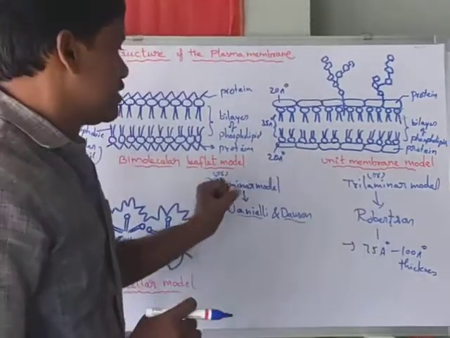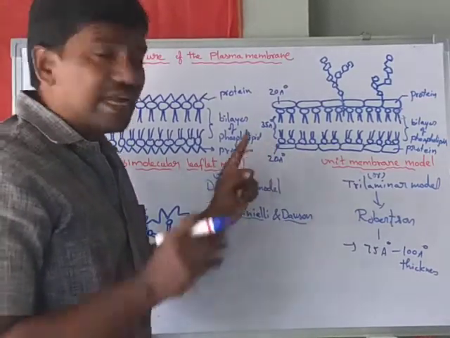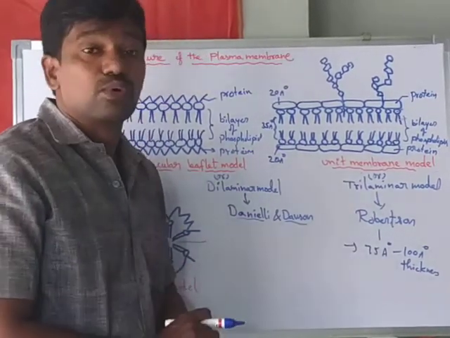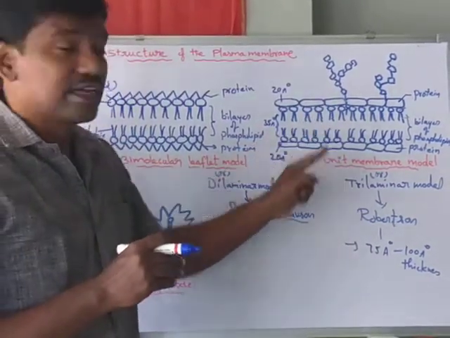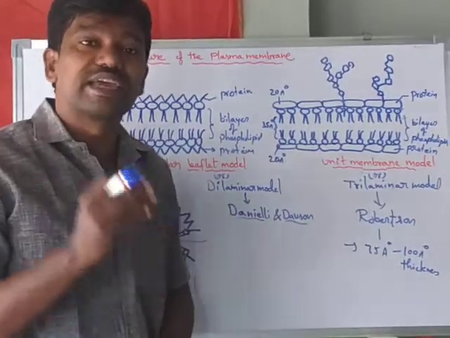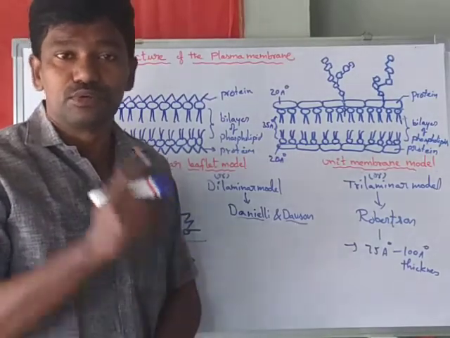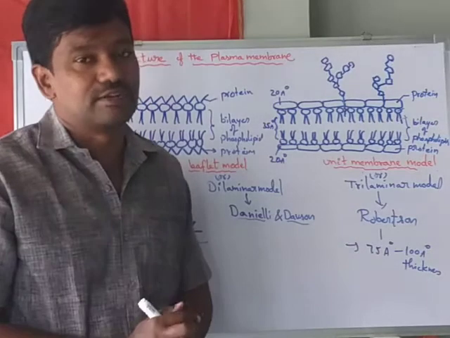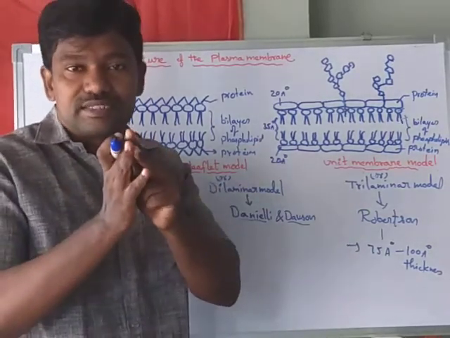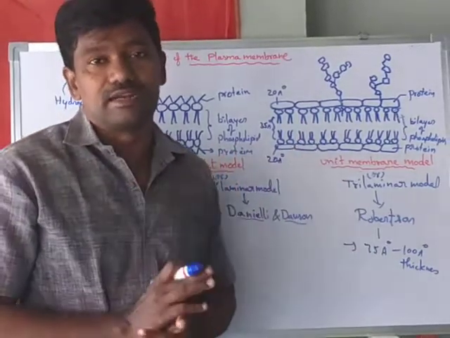Under the electron microscope, Robertson noticed that of these three layers, two are dark and dense lines, and one is a light region separating the two dark lines.